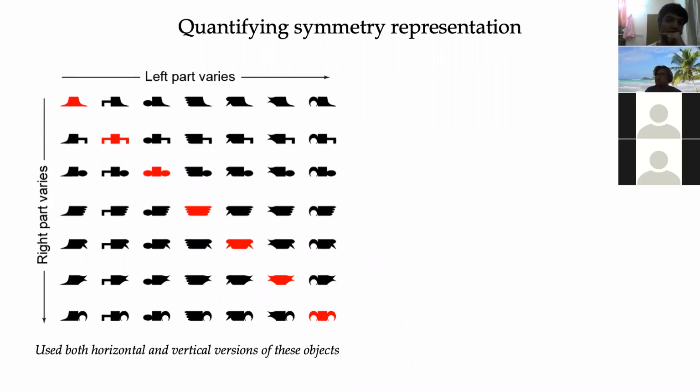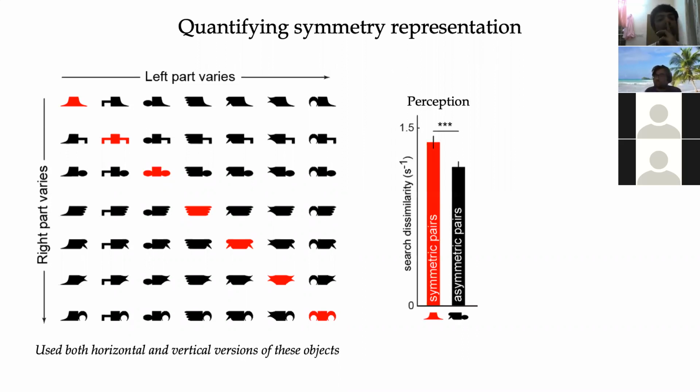What we did with the human data is, since we had measured perceptual dissimilarity using visual search, we have dissimilarities between all pairs of these 49 or 98 objects. Then we looked at the perceptual dissimilarity for symmetric object pairs and also asymmetric object pairs. We find that symmetric object pairs are significantly more distinct in human perception than asymmetric pairs.